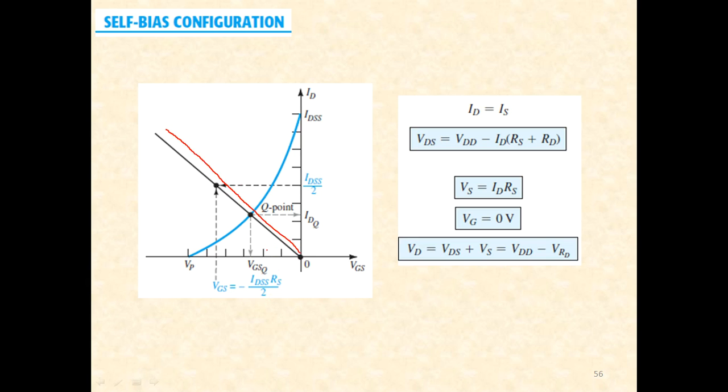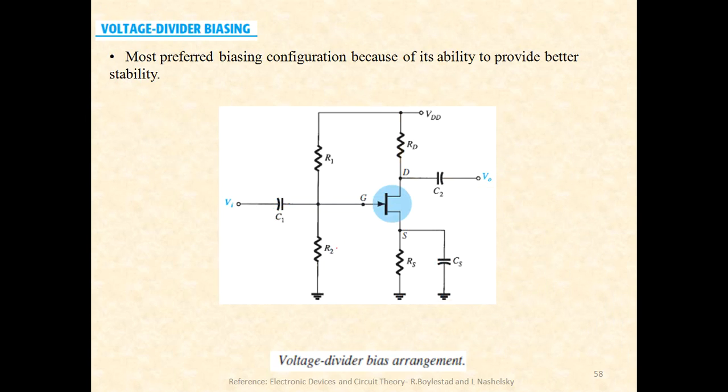All right. Moving forward, the voltage divider biasing, which is a much better biasing configuration in terms of stability when compared to the fixed bias as well as self bias configurations.